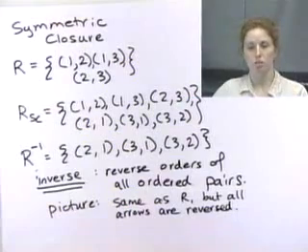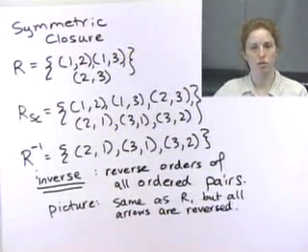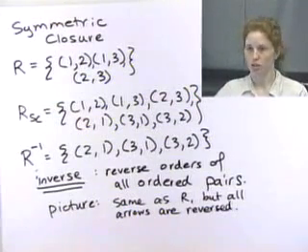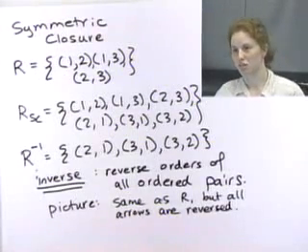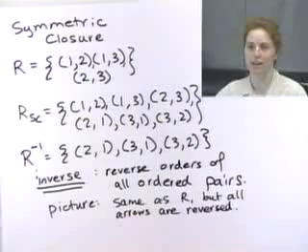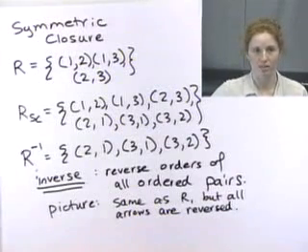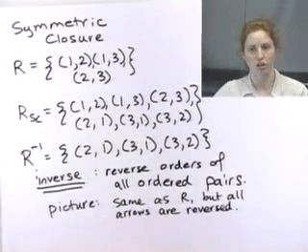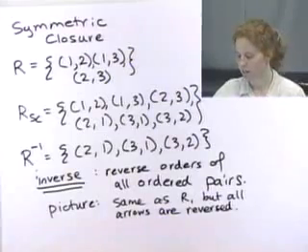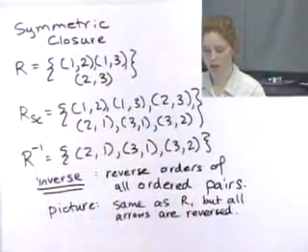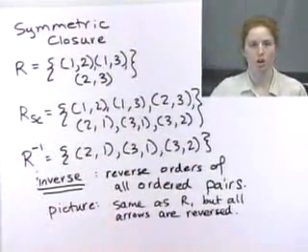So it should make sense that if you wanted all the round-trip flights when you had your relation with the cities, once you wrote down the flights out, you would want to add the inverse in to get back home, right? All the things that would reverse all the flights that you needed. That makes sense. So how do I write the symmetric closure in terms of R and R inverse?